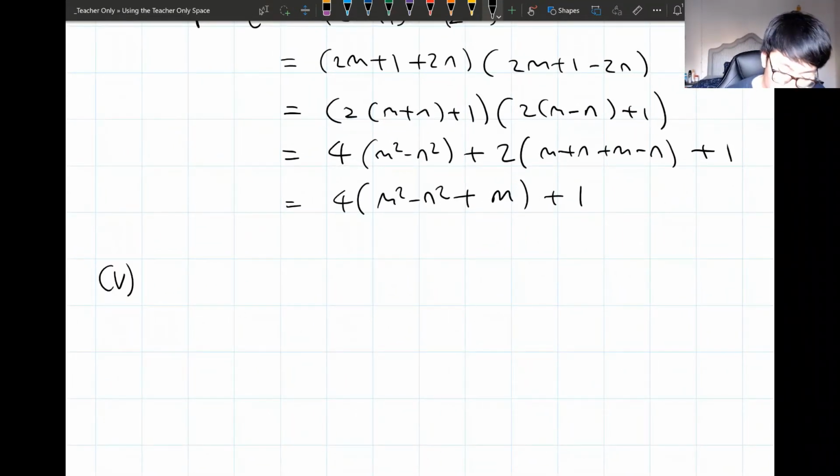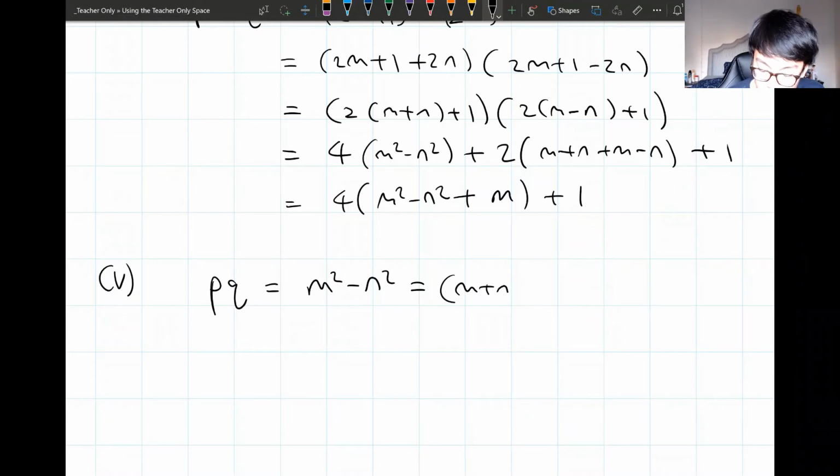The first thing to think about is that, let's say pq is equal to a difference of two squares, which we can write using our formula. Then this comes down to equating each factor to each factor of pq.